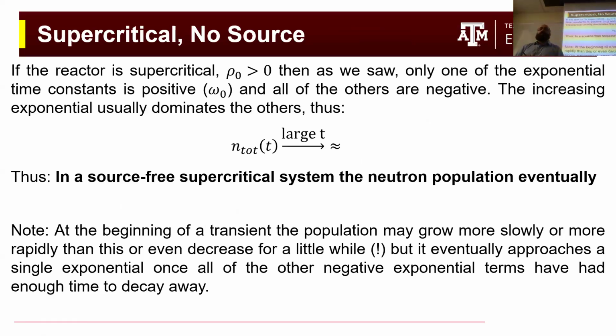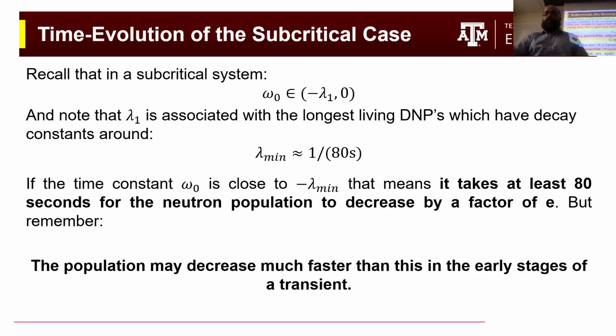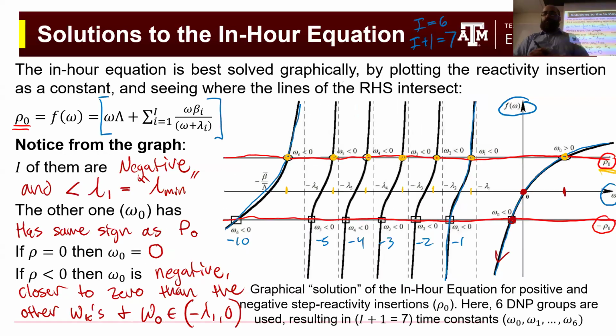So now let's think about the supercritical case, which I think is a little bit easier to wrap our heads around. A supercritical case is when our reactivity insertion is positive. So that's the top line. And notice that the omegas are all negative except for omega zero.